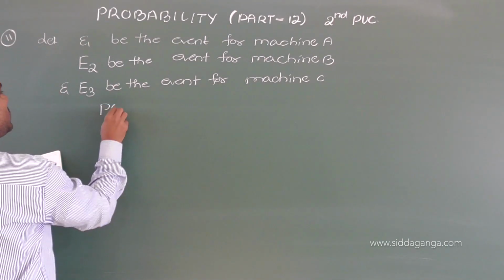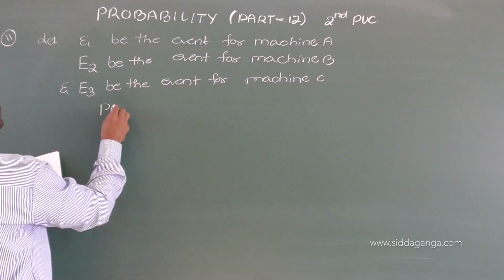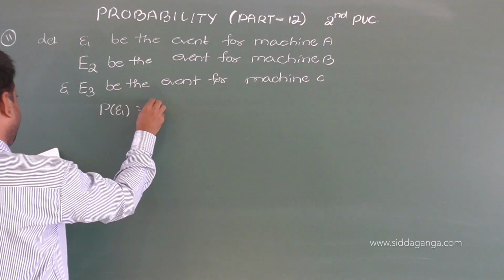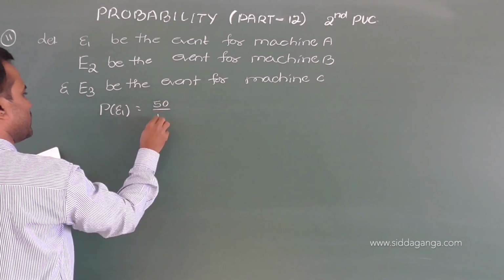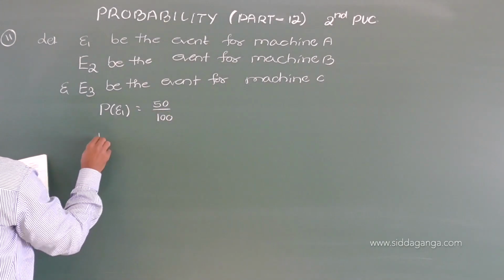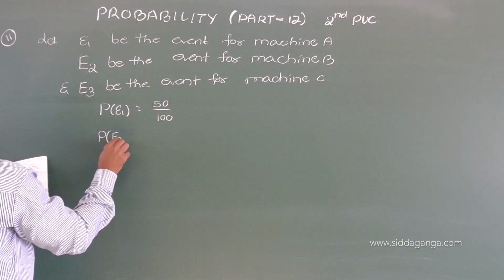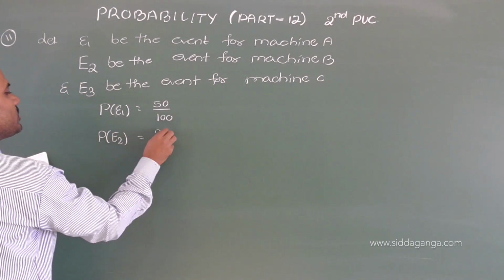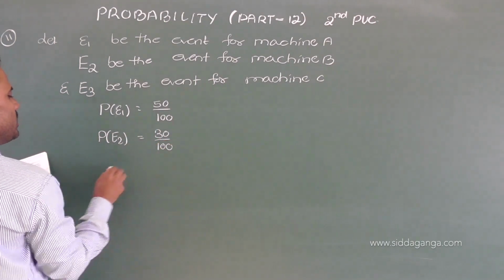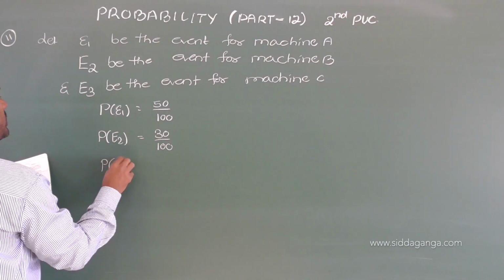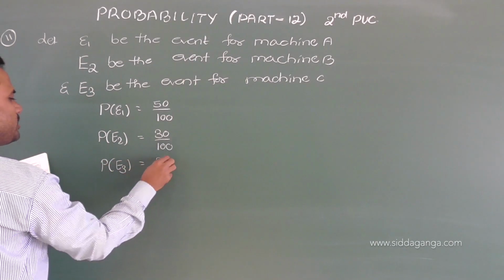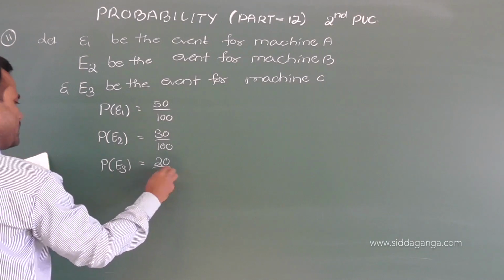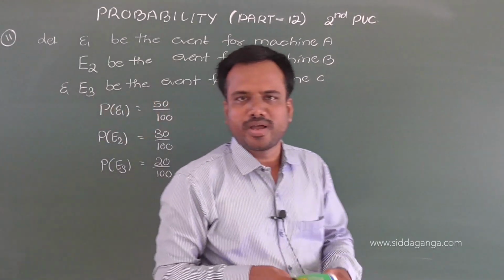Time availability for machine A is 50%. So probability of E1 is 50 divided by 100. Probability of E2 is 30 divided by 100, and probability of E3, how much? 20 divided by 100.